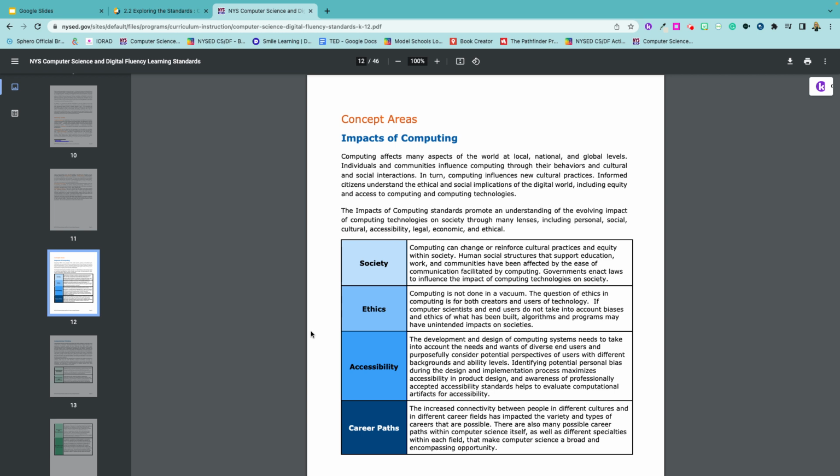Then we move into accessibility. Here we're looking at making sure that our end users all have access to whatever it is that we're building. And we want to make sure that we're thinking about our product design and evaluating our computational artifacts to make sure that they are accessible. And then finally, we have career paths. Here we're taking a look at paths within computer science itself and thinking of the opportunities that computer science can offer us.